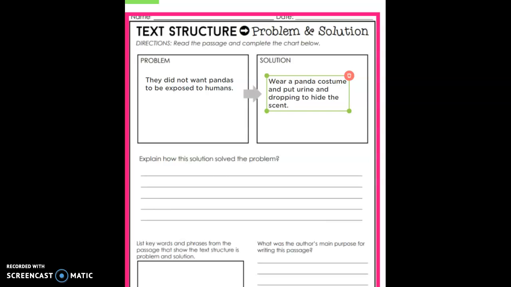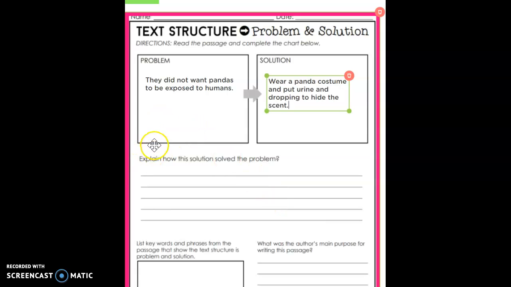So I want you to imagine that for a second. If you were in charge of raising some pandas at a zoo and they never wanted them to be exposed to humans, then you would put on a panda costume and pour pee and poop all over you before you went in there? That's kind of crazy.